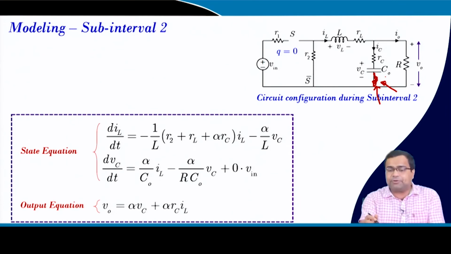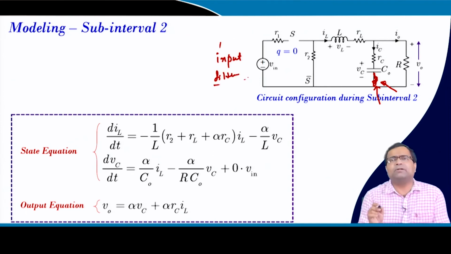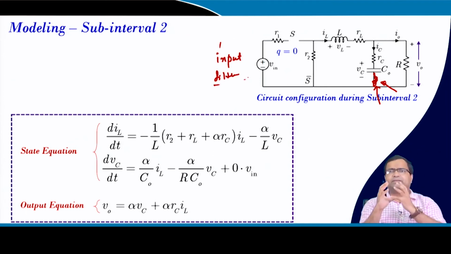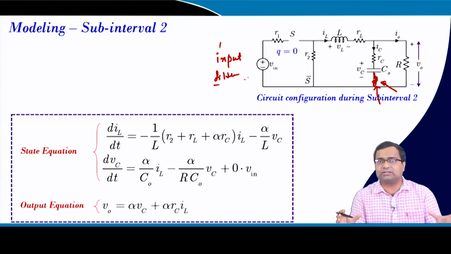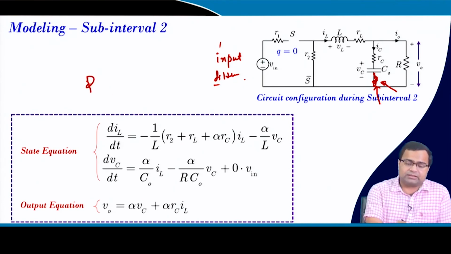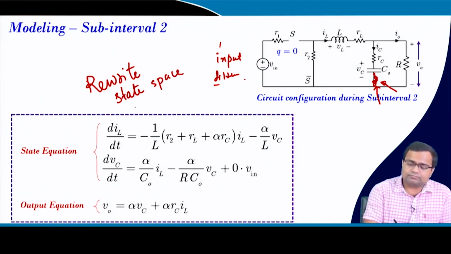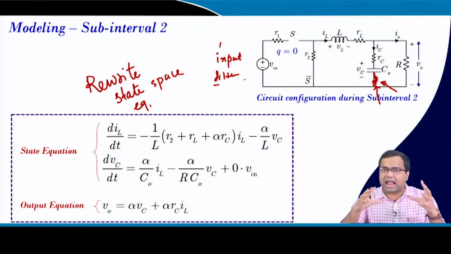Again, suppose you consider an input filter here. The input filter has energy storing elements, so it will also have dynamics. That means when you write the overall equation in state space representation, you have to rewrite the whole state space equation whenever you add any component.